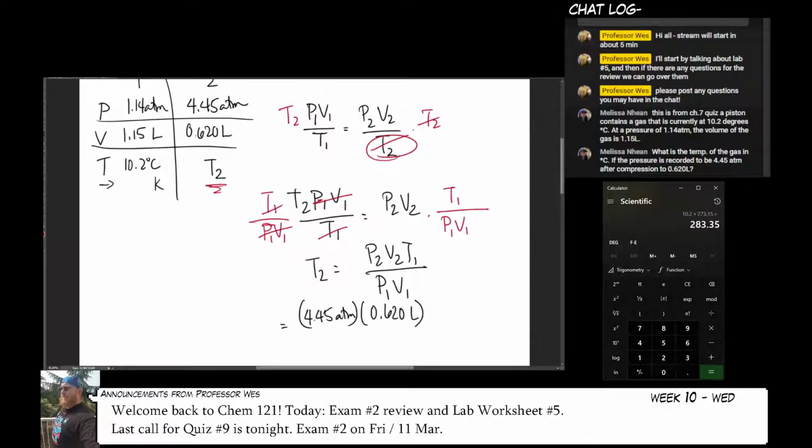We only get to keep to the 10th place, so I will write down 283.4 Kelvin. Then divide by P1, which was 1.14 atmospheres, and V1, which is 1.15 liters.